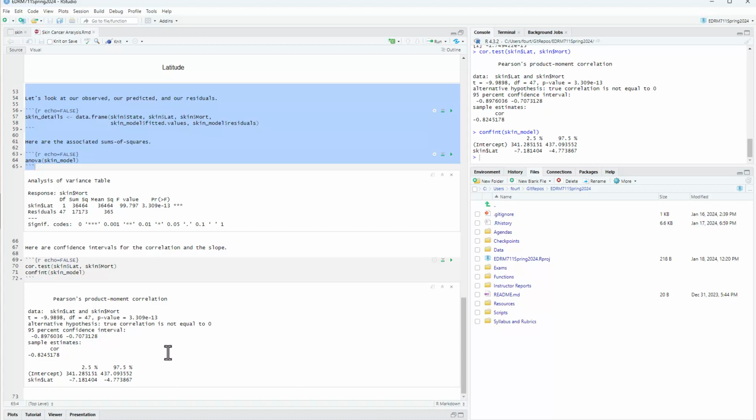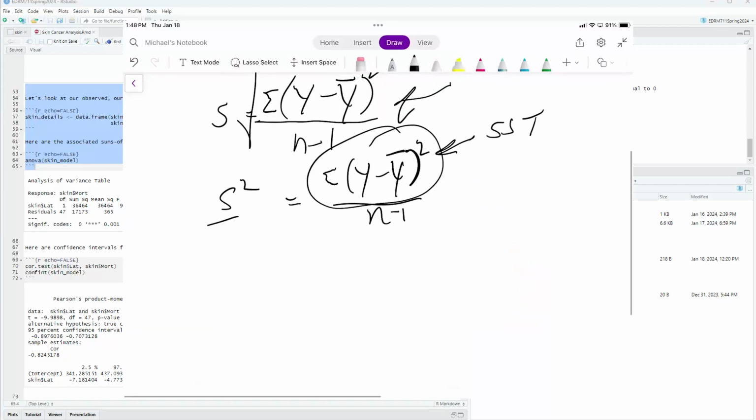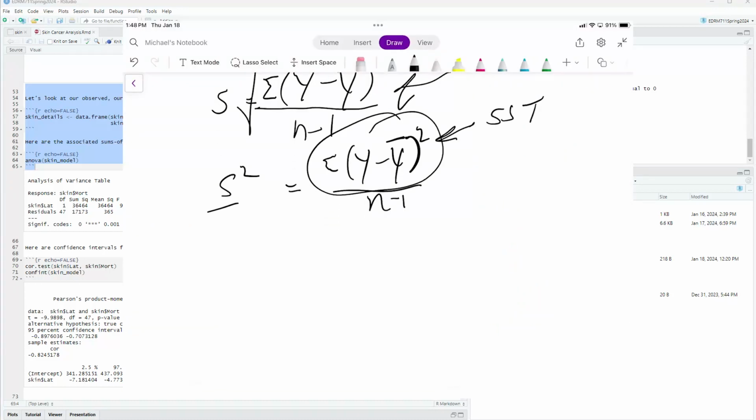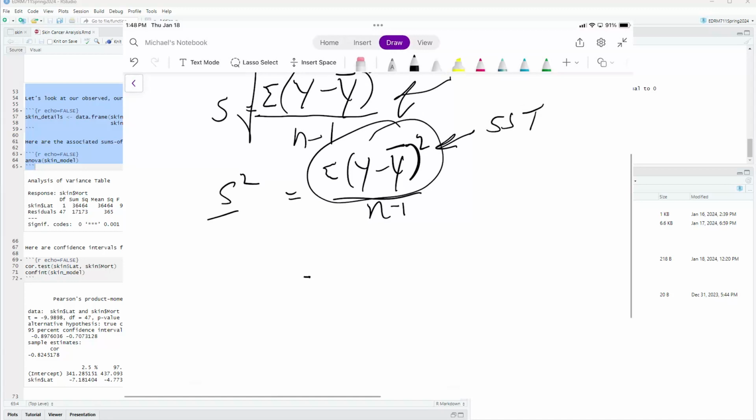So negative 0.90 is less than, let me actually go ahead and write it down for us here. So we have negative 0.90 is less than beta 1, the slope, which is less than negative 0.71.